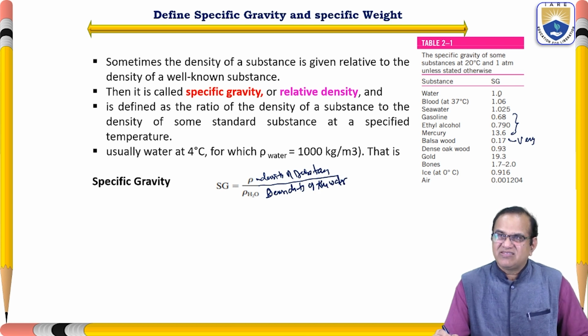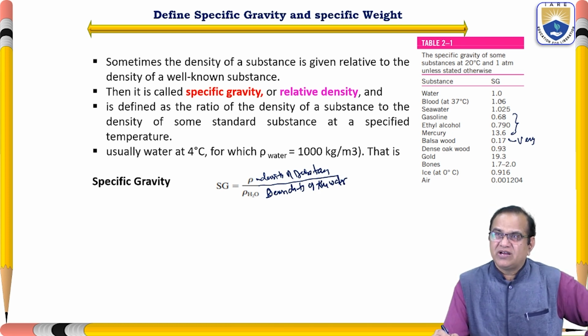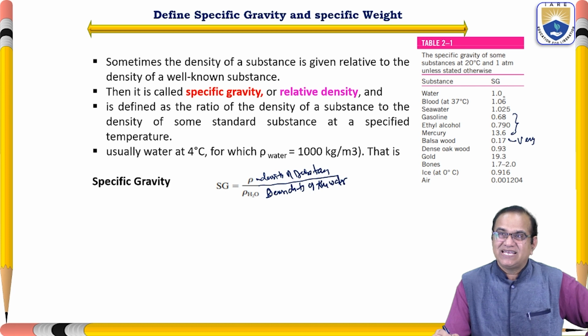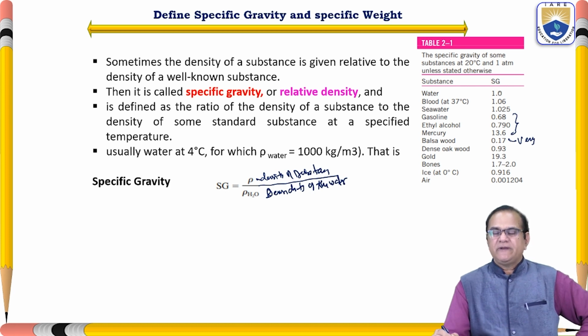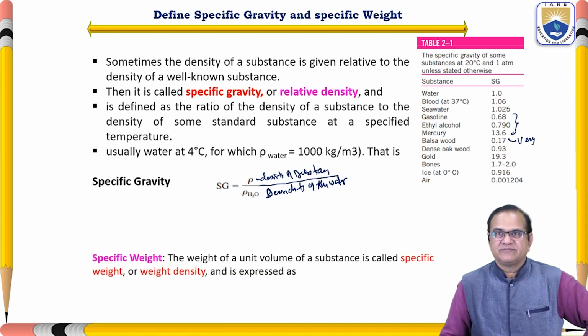If it is less than this, it is lighter. And if you put kerosene on top of the water, it will float on the water. It indicates that the specific gravity of kerosene is less than that of water. So these numbers are very essential to understand.